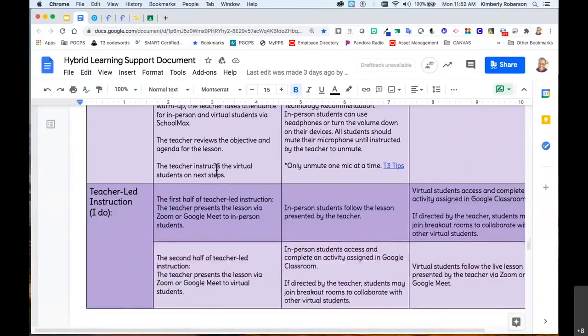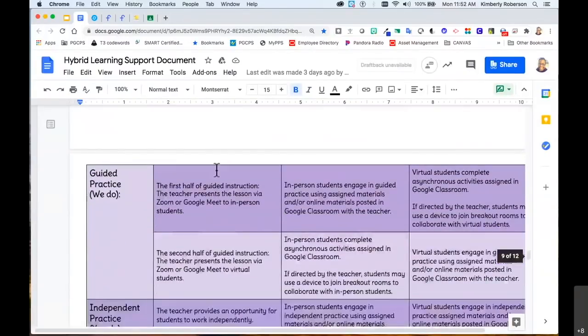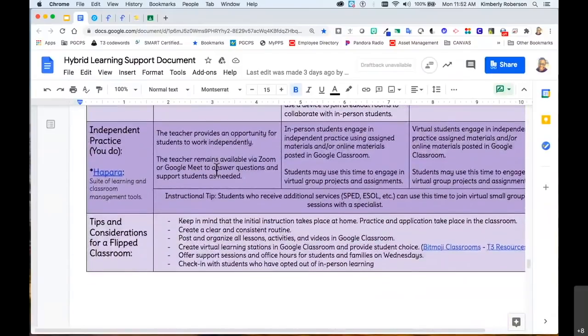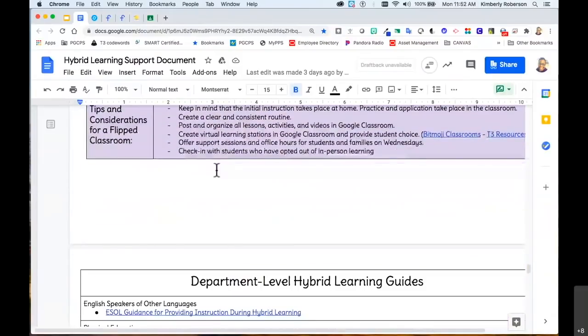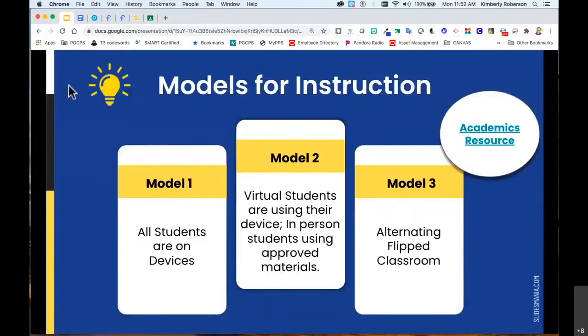This model can grow into a station rotation if another station is added, such as a collaborative learning station. These models are intended to give ideas about what instruction could look like during the course of a lesson. As we explore different strategies, think about how you will deliver the lesson to your students in person as well as your virtual students.